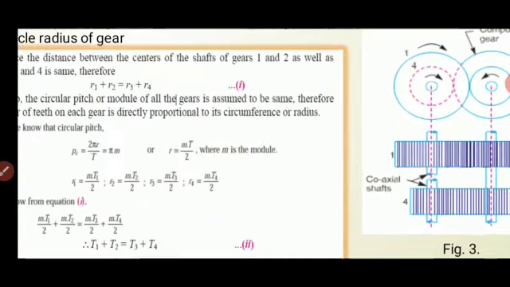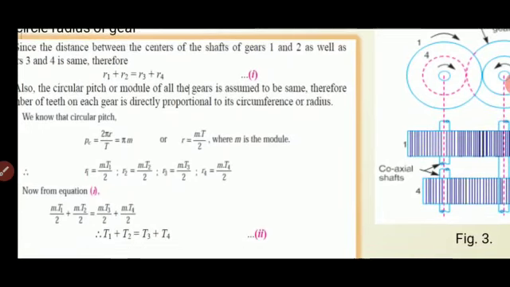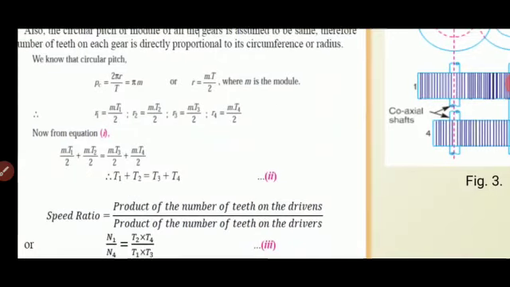That can be written in general for gear 1, gear 2, gear 3 and gear 4. Once it is written, we can substitute that in equation 1, and since the module is the same on each side, the module gets cancelled. So we are left with T1 plus T2 is equal to T3 plus T4.